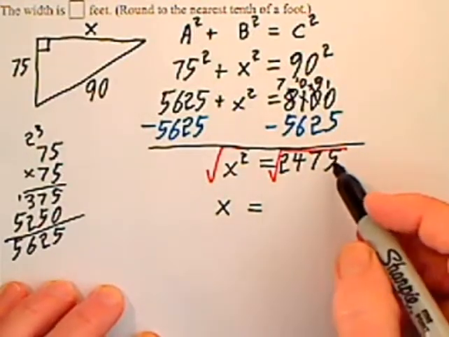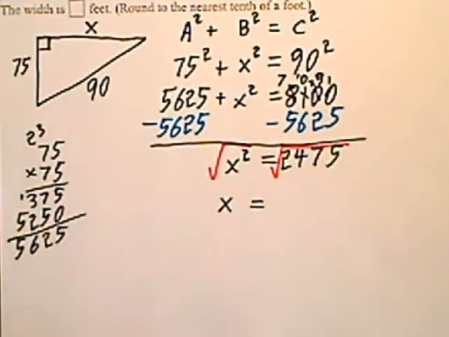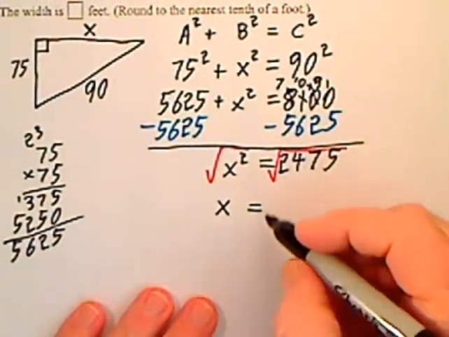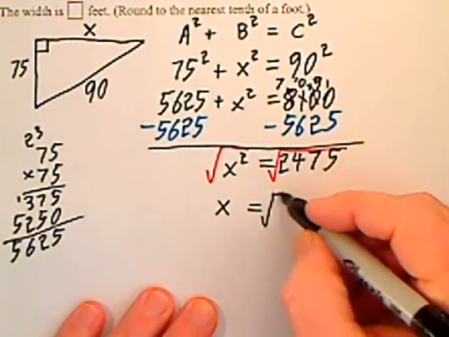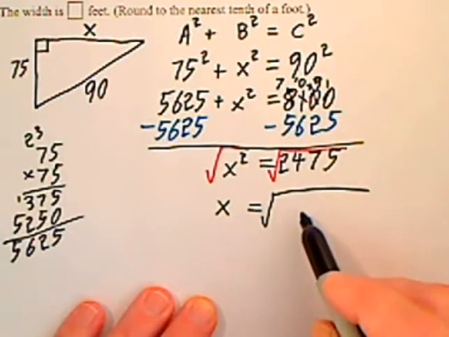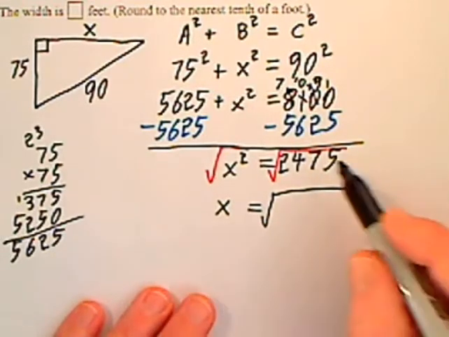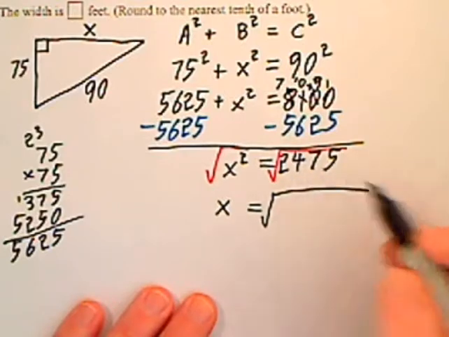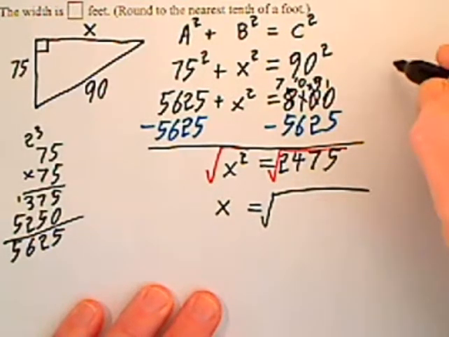For 2,475, I know it's divisible by 25. I'm going to rewrite this, still under the radical, as a product of numbers, and hopefully somewhere in there is a perfect square. So I know that 25 goes in there, so let's see how many times.